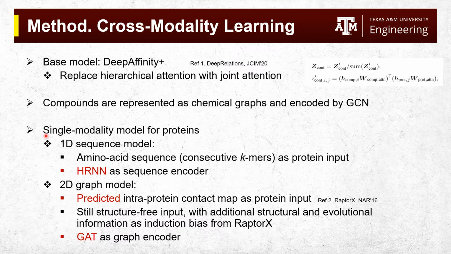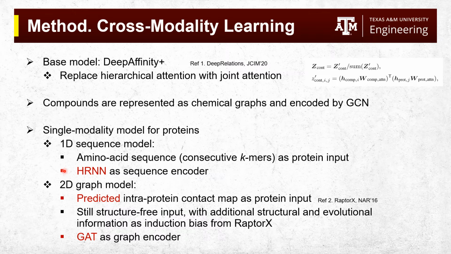We do have the single modality models for the protein. For the 1D sequence model, we use the amino acid sequence as the input, and for the 2D graph model, we use the predicted intra-protein contact map as the protein input.